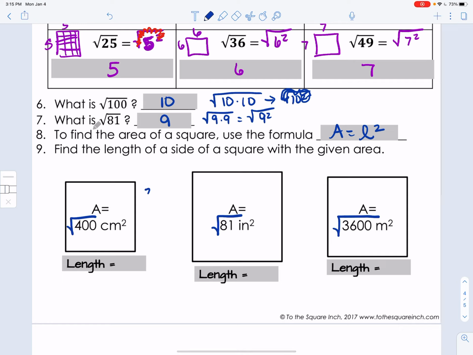I know that 2 times 2, but I got 2 zeros. So let's try 20 times 20. That one doesn't come out either.